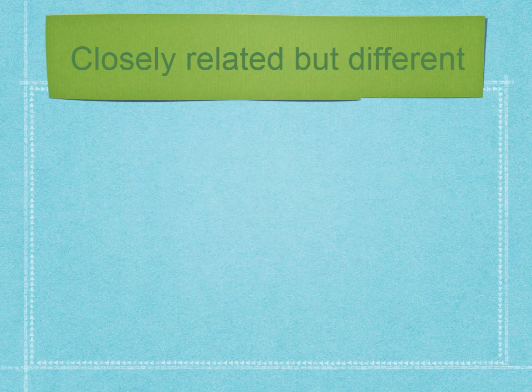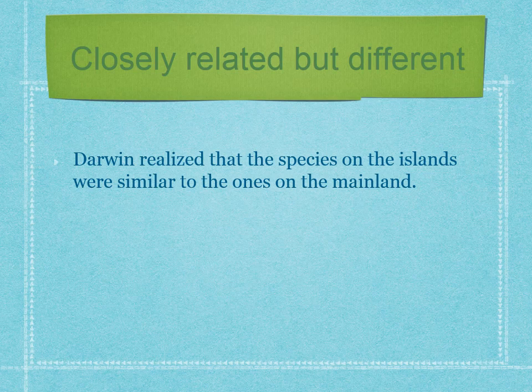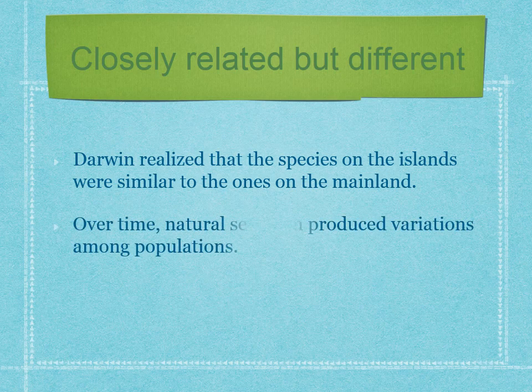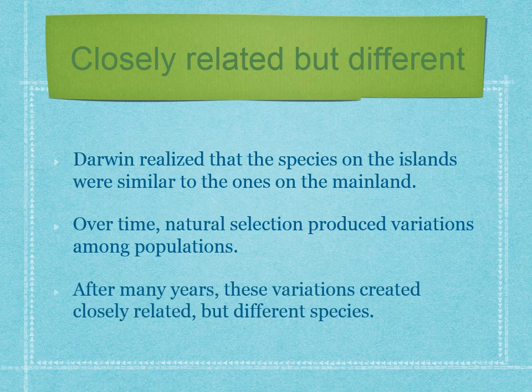One idea that we're going to talk about is species that are closely related but different. What Darwin realized as he went to the Galapagos is that species on the island were similar to the ones on the mainland. He proposed that over time, natural selection produced different variations among these populations.